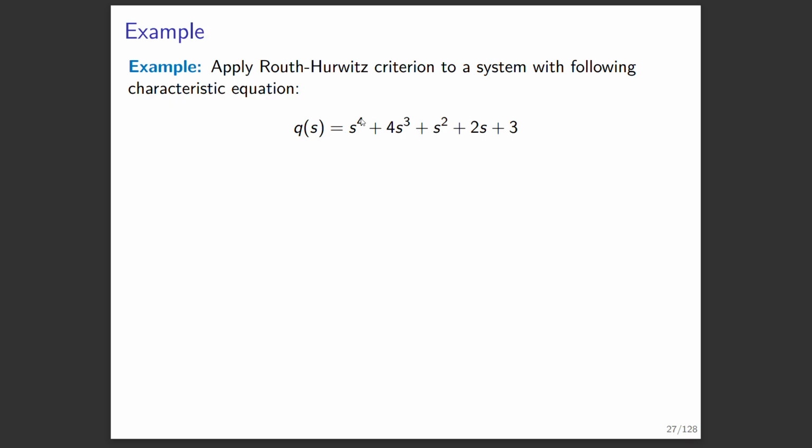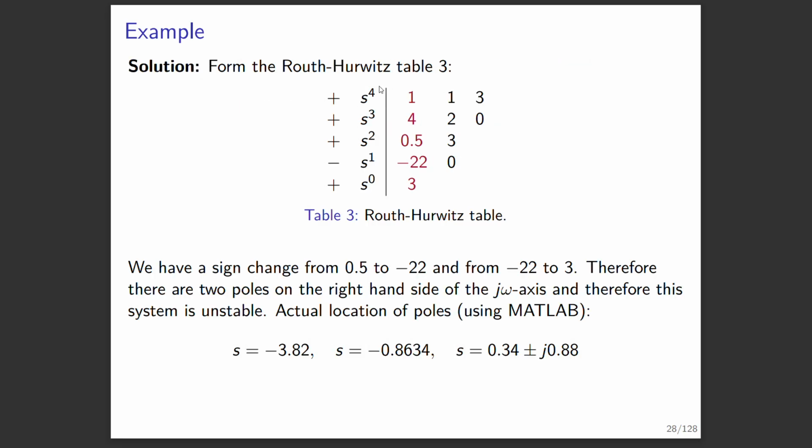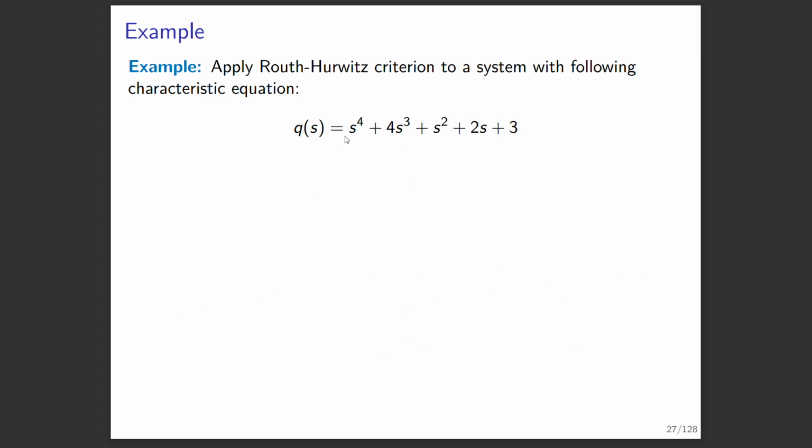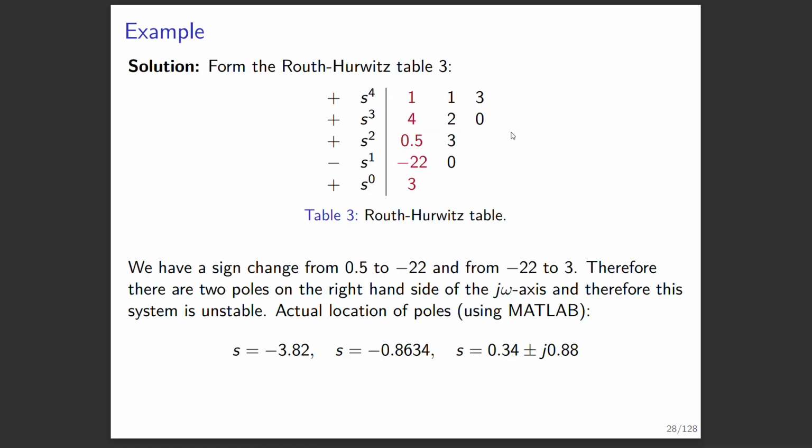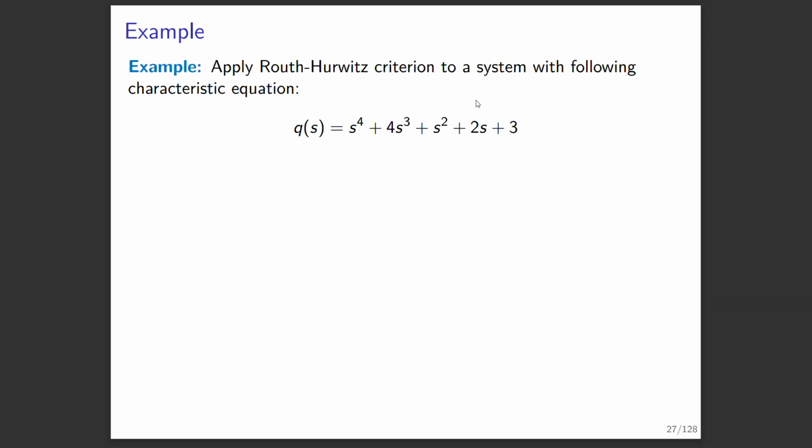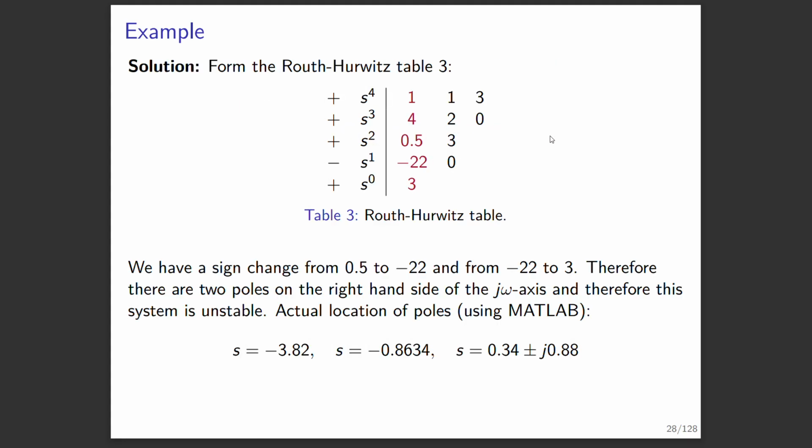I write S^4, S^3, S^2, S^1, and S^0 on the left-hand side of the table, as the index of the table. Then I put 1, 1, and 3 as the first row of the table, and then 4, 2, and 0 in the next row.